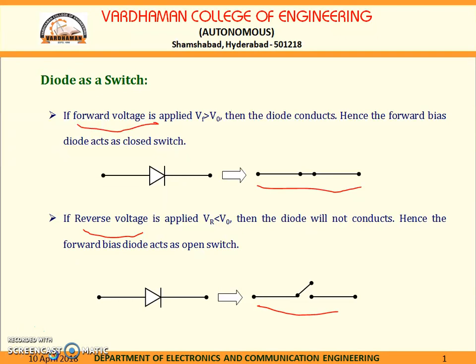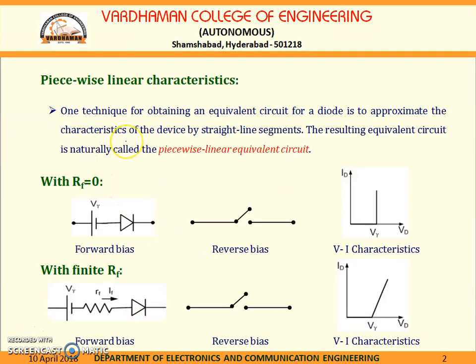Now, piecewise linear characteristics: if you go for the practical scenario, there will be some slight modifications between the ideal case and the practical case. Suppose RF, the forward resistance, is zero. This is the ideal diode, and this is the cut-in voltage of the internal structure of the diode.